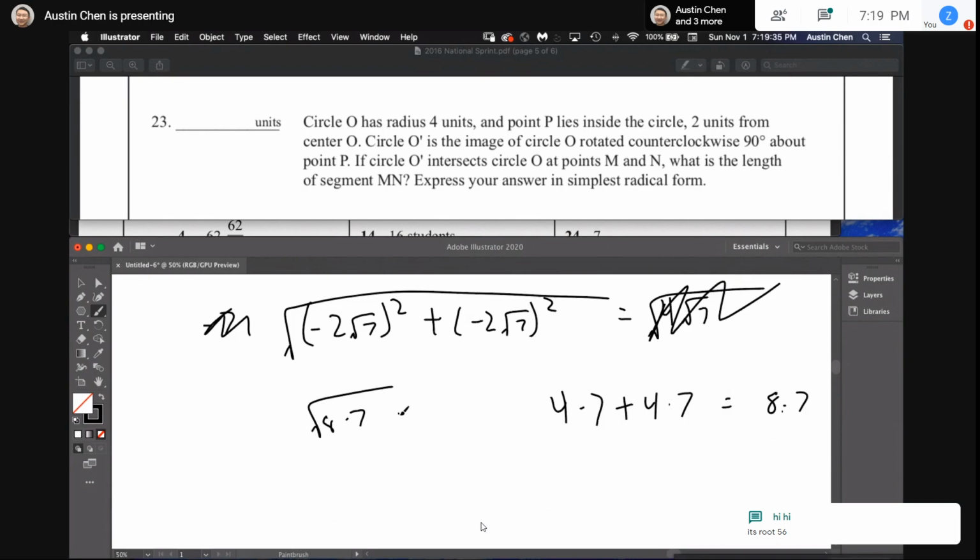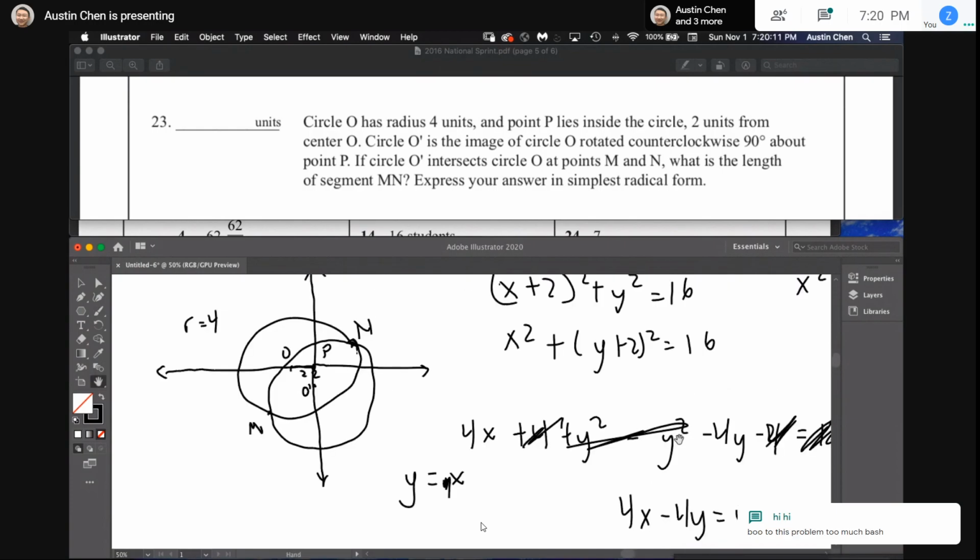Well, you could see that the line between N and M will be y equals x, because the circle itself is rotationally symmetrical.